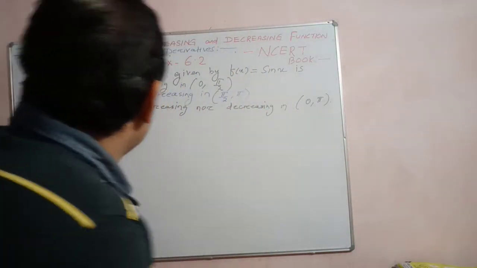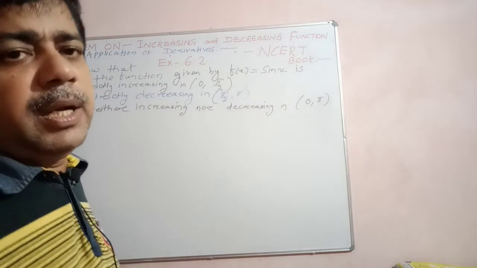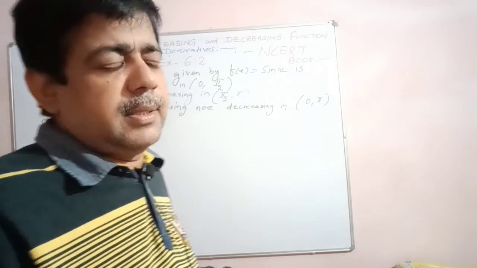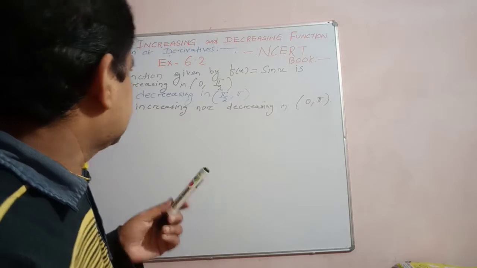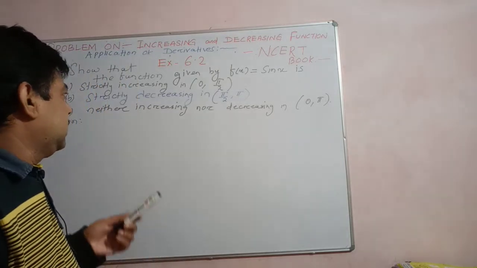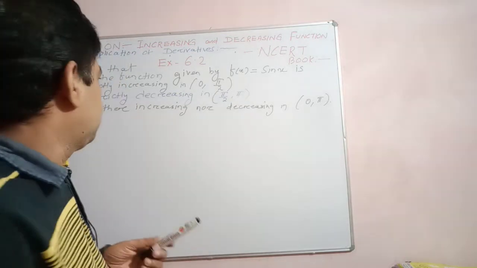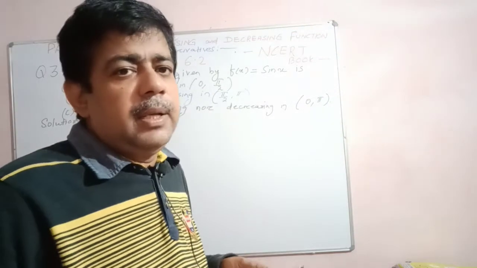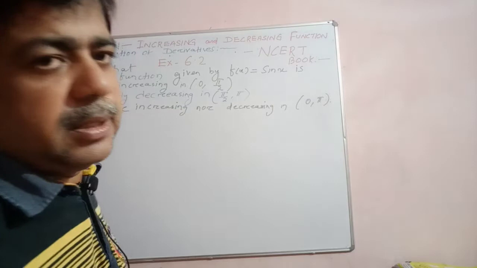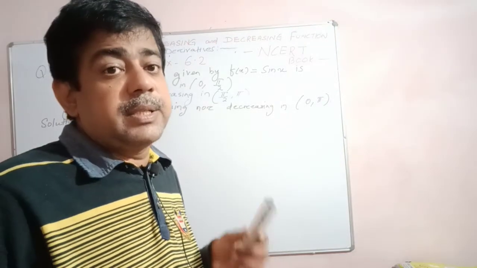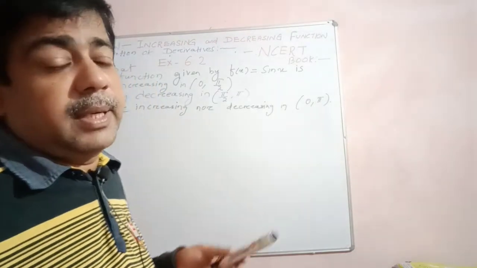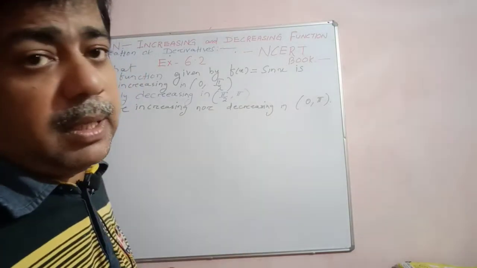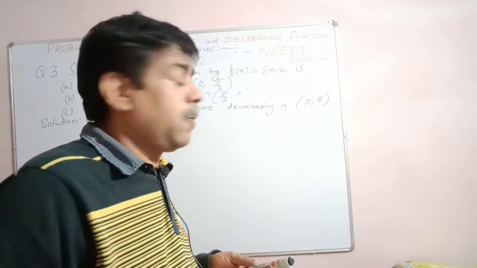Let's see. Prove that the function given by f(x) = sin x is, number 1, strictly increasing in the open interval 0 to pi by 2.